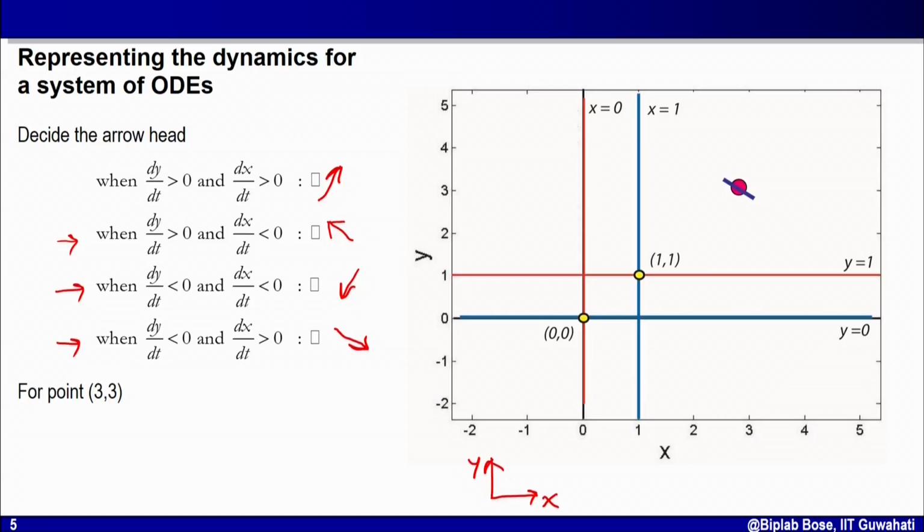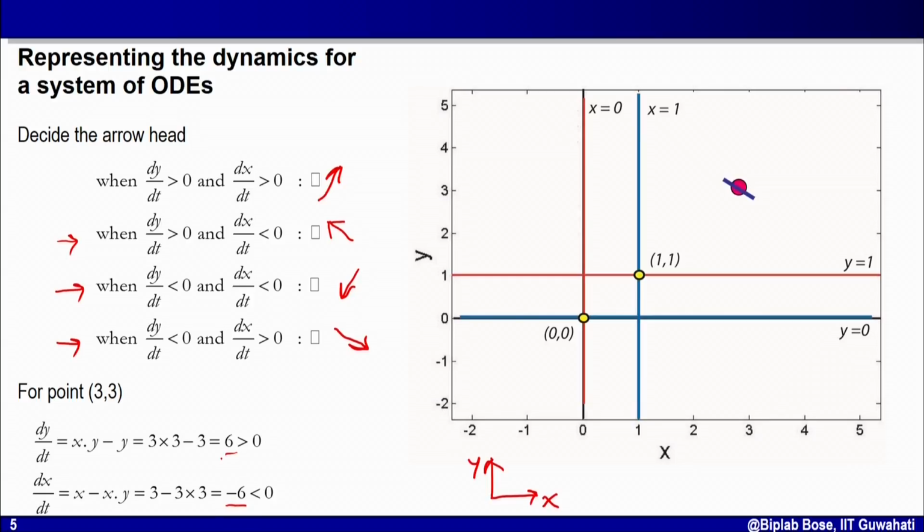So at point (3, 3), dy/dt is given by the ODE, x into y minus y, that is 3 into 3 minus 3, that is 6. So 6 is greater than 0. dx/dt is x minus x into y, that is 3 minus 3 into 3. So I get minus 6. So minus 6 is less than 0.